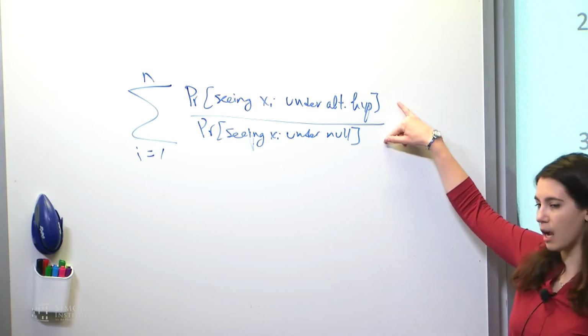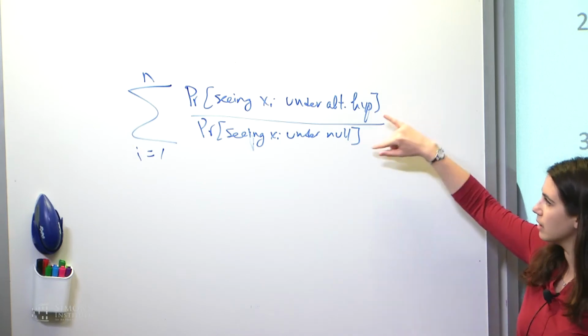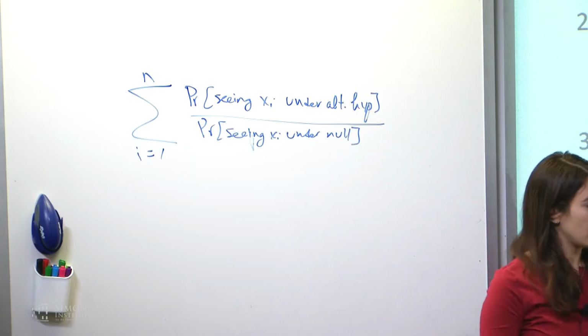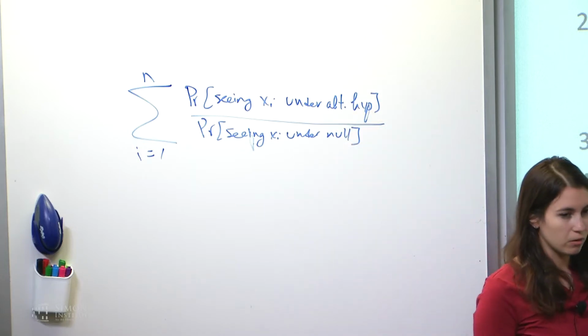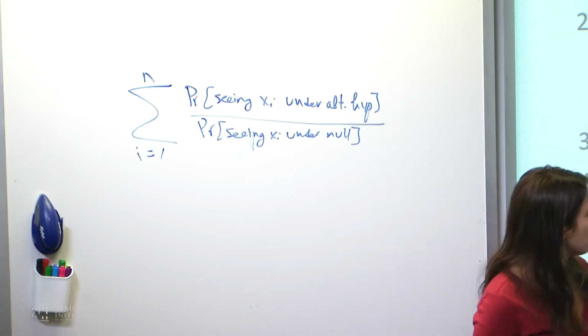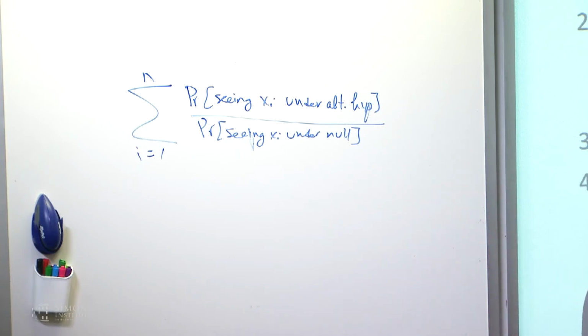But until time k minus 1, this ratio is actually the same, because they both say the points are sampled from p0 for the first k minus 1 times. And that's why the sum reduces to actually starting at time k.